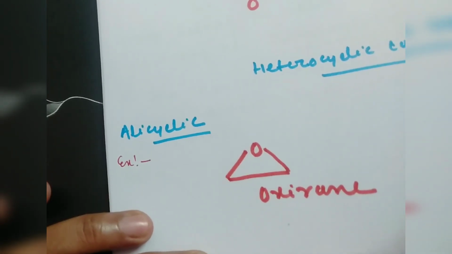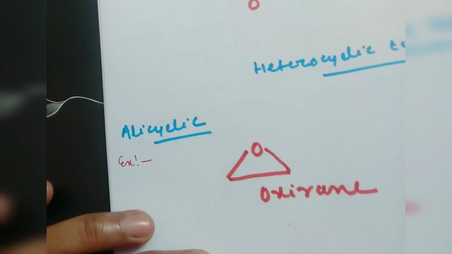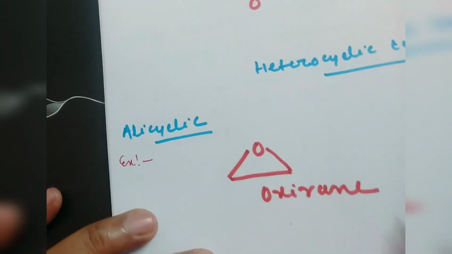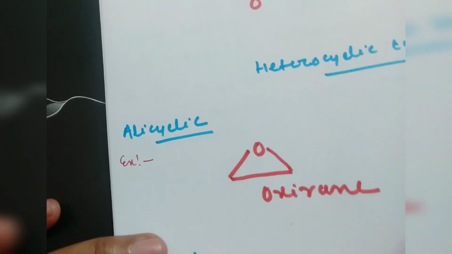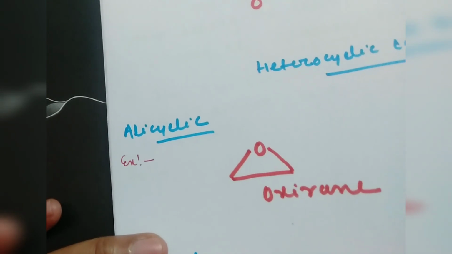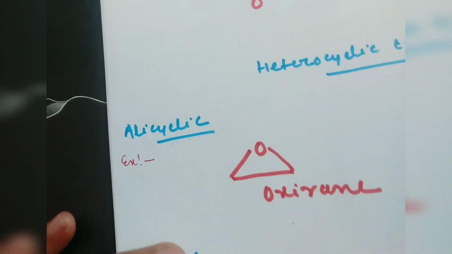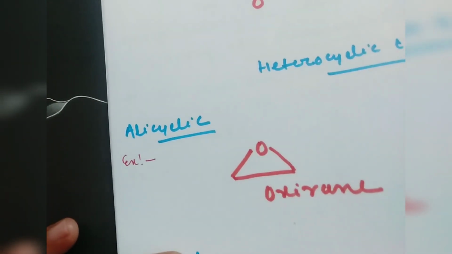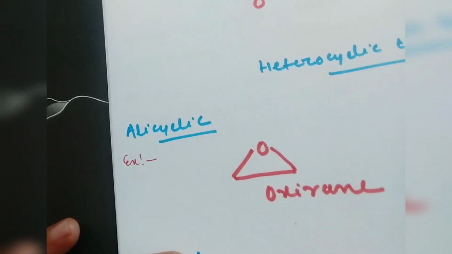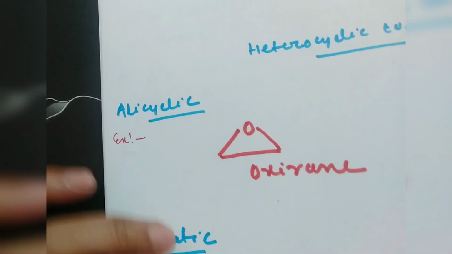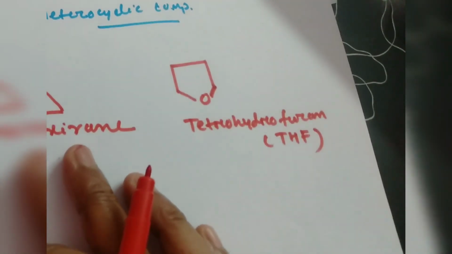See how many carbon atoms are there? 1, 2, 3, 4. So the name of the compound is tetrahydrofuran, that is your THF. So this is an example of tetrahydrofuran, and this is oxirane.